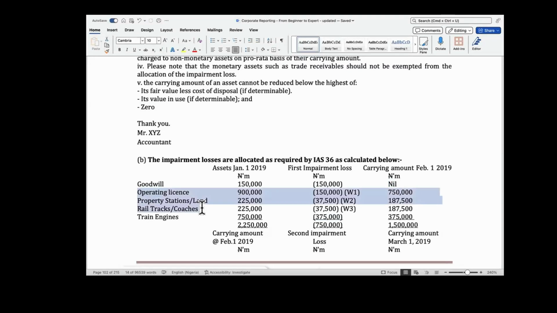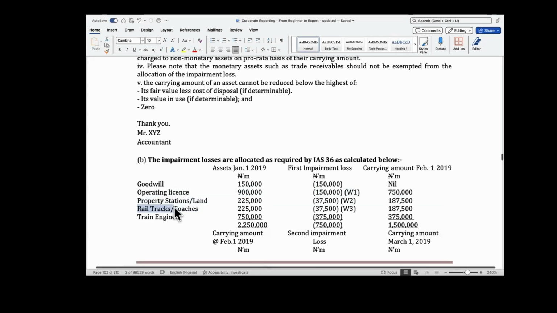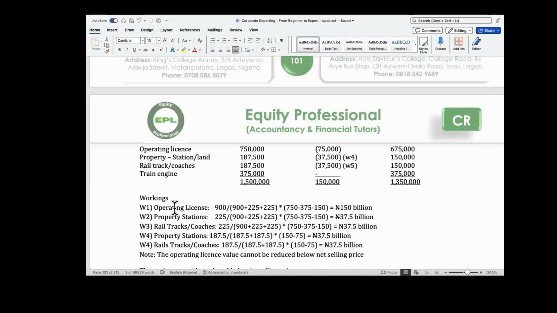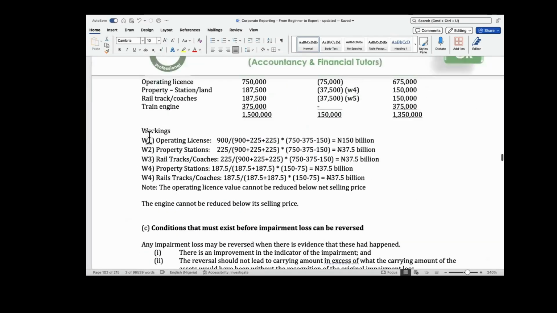And what are the other assets? Operating license, property stations, road tracks, right? So we're going to allocate it on a pro rata basis. And this is the workings for the pro rata basis. For operating license, it will be 900 over the value of the license and the two other assets, multiplied by the remaining impairment.